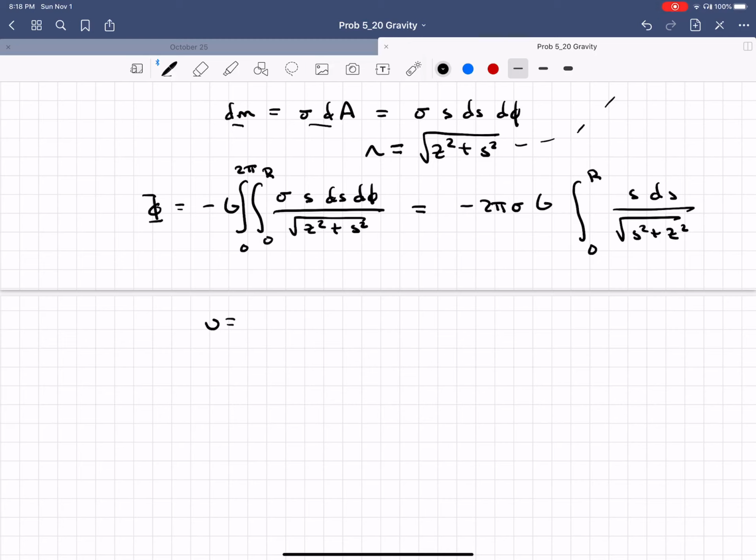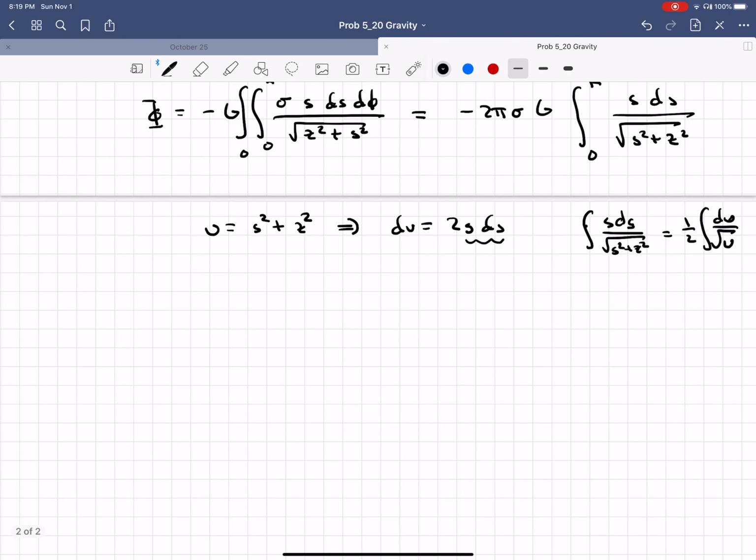We can let u be s squared plus z squared, and then du would be 2s ds, and that's convenient because s ds is present in the top of the thing. So the integral of s ds over the square root of s squared plus z squared would be equal to 1/2 the integral of du over the square root of u.